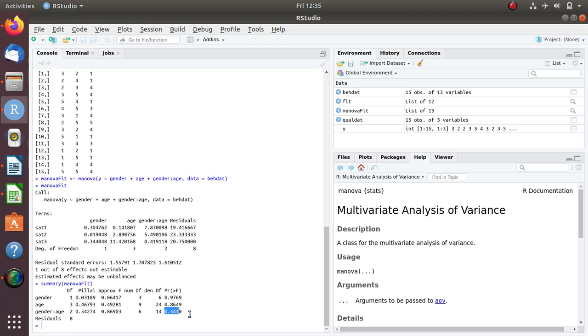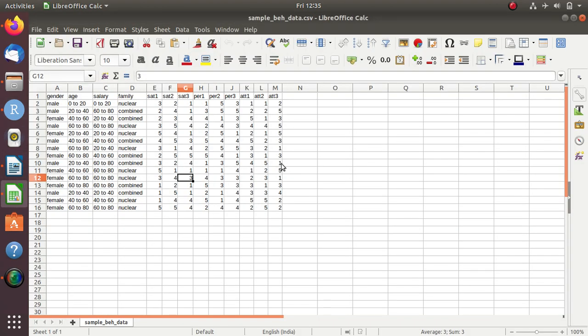At the 5% significance level, we can conclude that gender and age seem to be very important in understanding the satisfaction in this data. That is how we can perform the MANOVA, and this is it for this video demonstration.